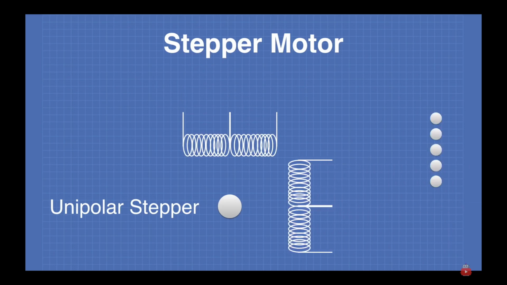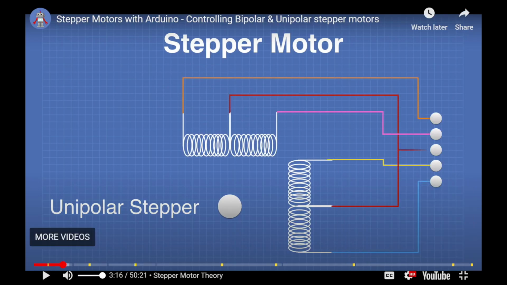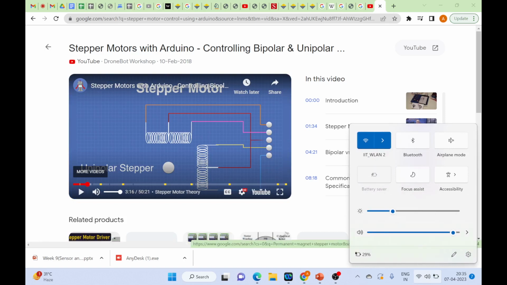The unipolar stepper motor also consists of 2 coils, but each coil has a center tap. Unipolar steppers can have 6 connections, but they often have 5, as the 2 center taps are tied together. You can see the difference between the unipolar and the bipolar stepper motor.